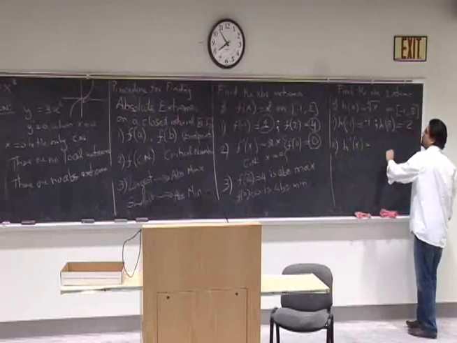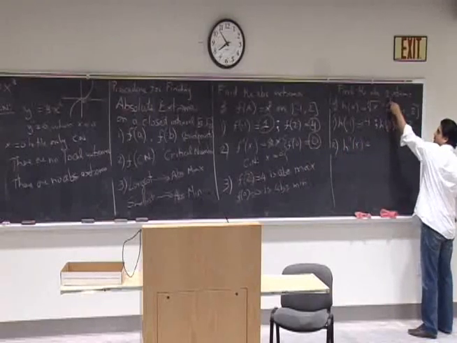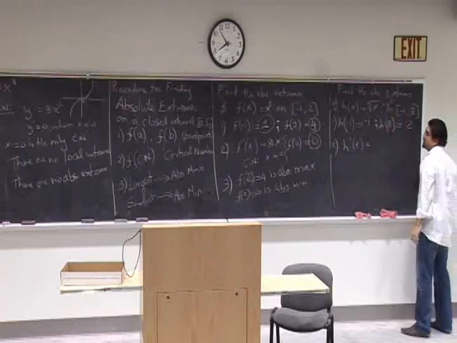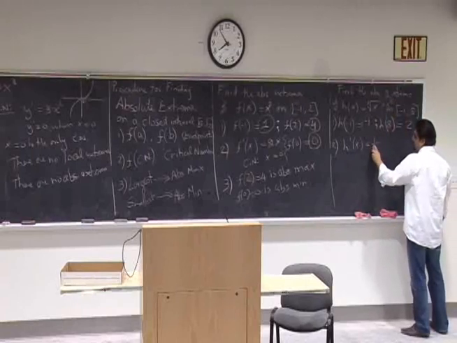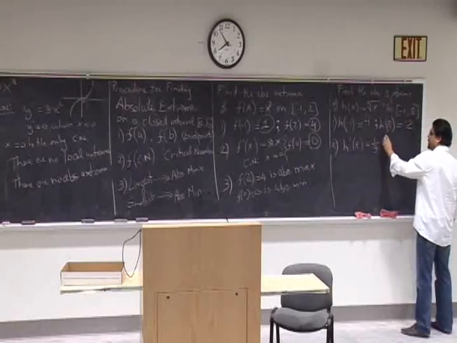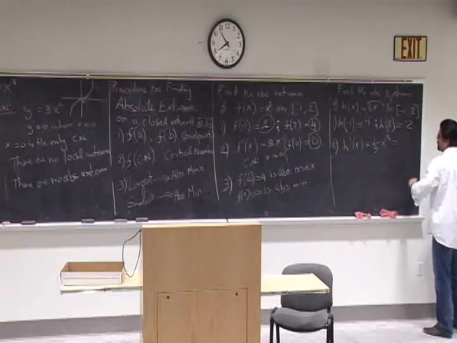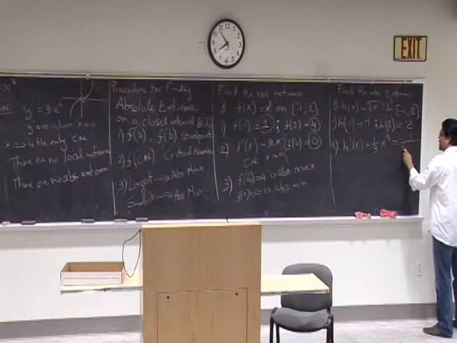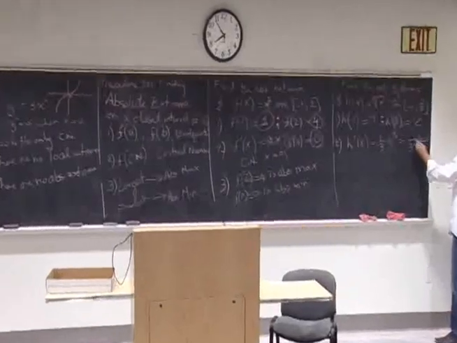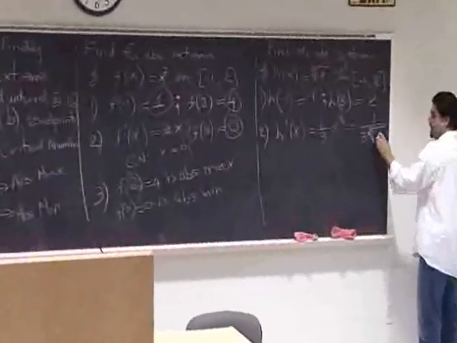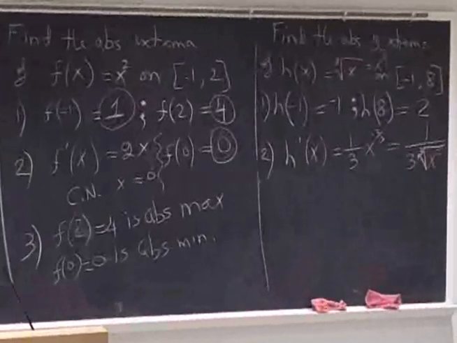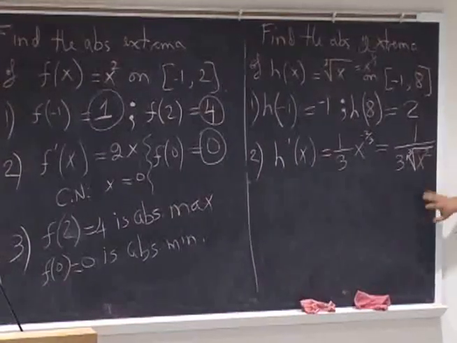Well, I can write this as x to the 1/3, then it might be easier to see that the derivative is 1/3 x to the minus 2/3. If I were to rewrite that, that's the reciprocal of the cube root of x squared.